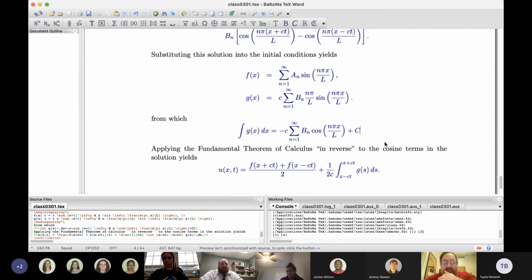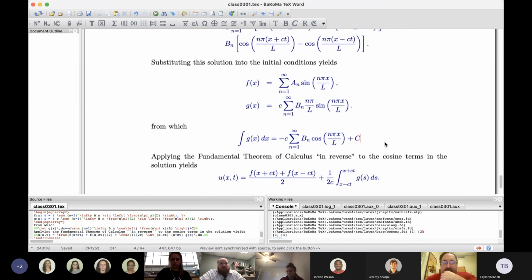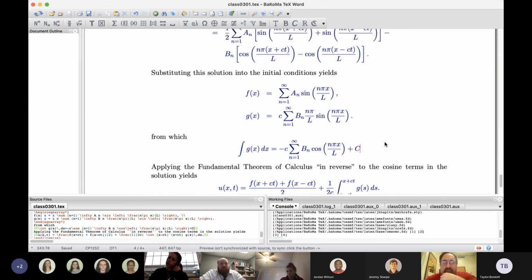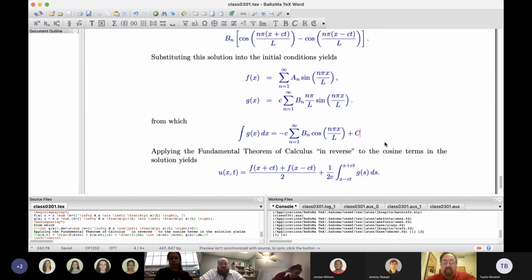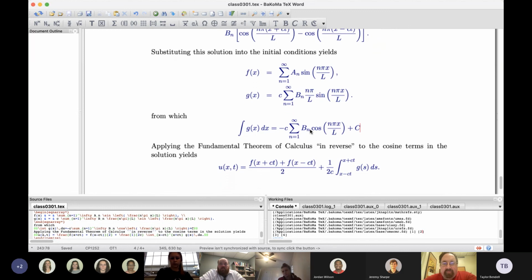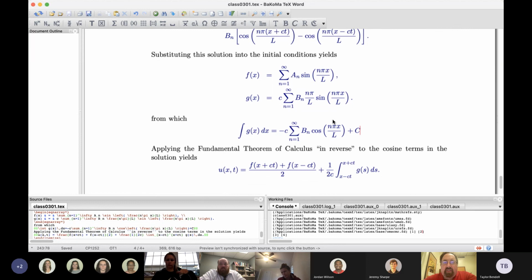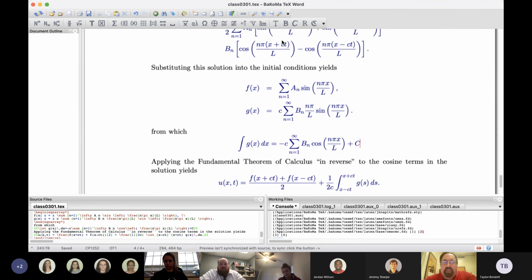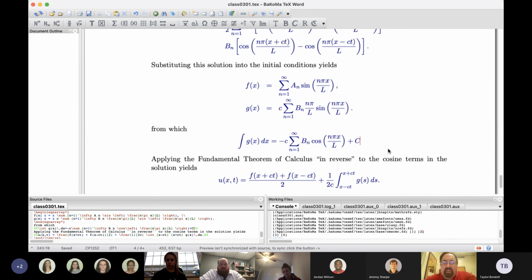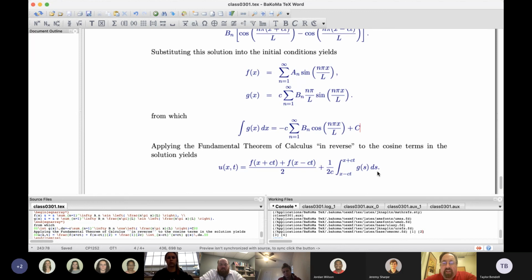So then matching this with this, except again, instead of x, you have x plus or minus ct, you wind up with this integral that we also saw from d'Alembert's solution.